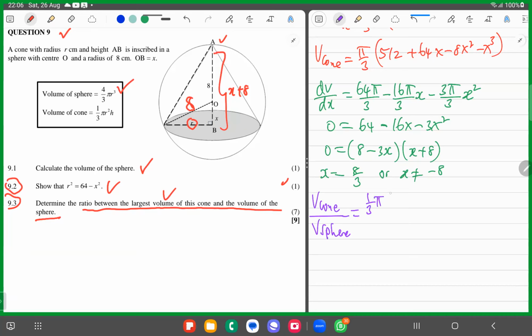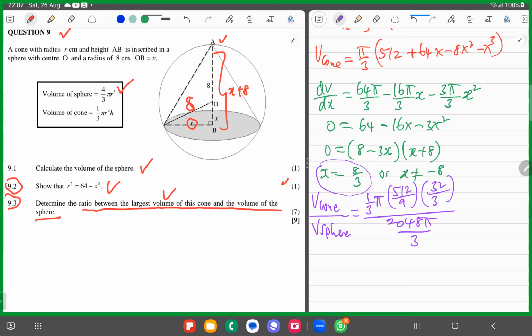The volume of the sphere is 2048 pi over 3, and the volume of the cone is obtained at this value of x, that is 8 over 3.